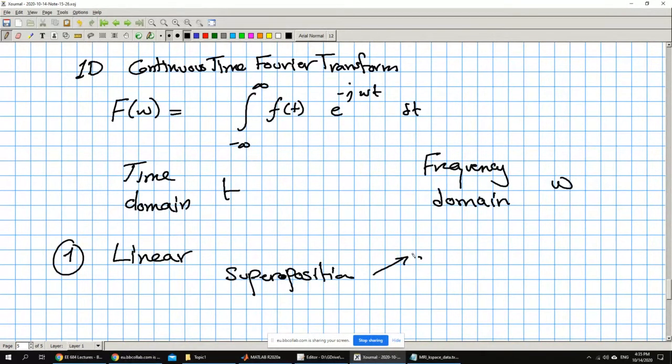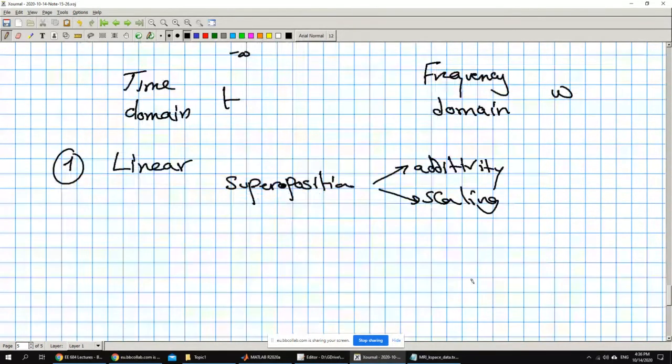Basically, it means that you have to have additivity and you have to have scaling. Let's talk about this a little bit further.